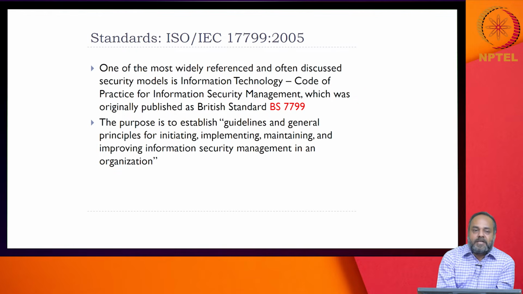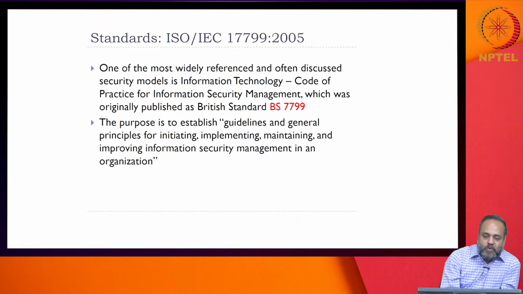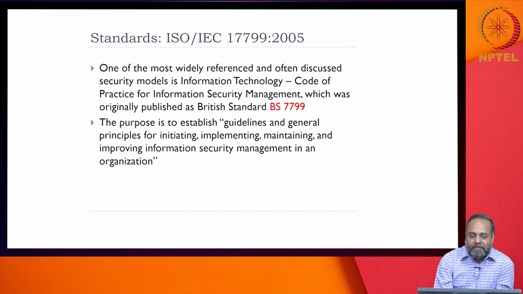So these are standards developed specifically for cyber security management, okay. Very specifically for cyber security management. It began with the BS 7799, meaning it's a British standard which was developed for cyber security management, and ISO adopted this, and it became an ISO standard later.